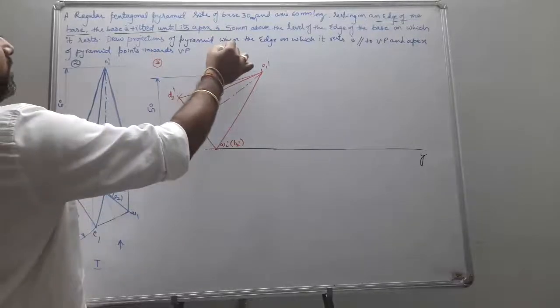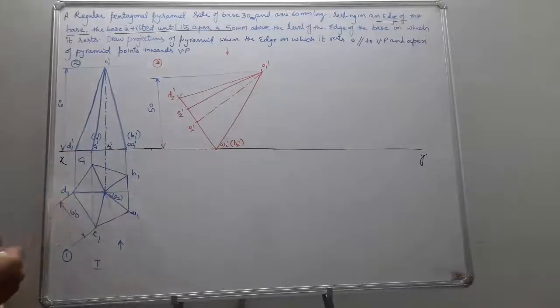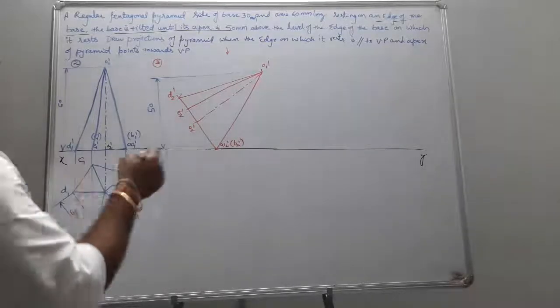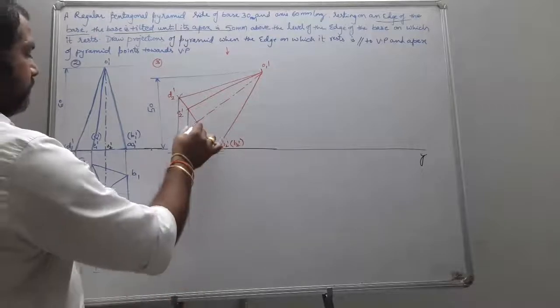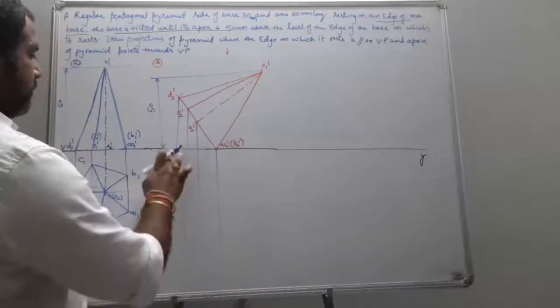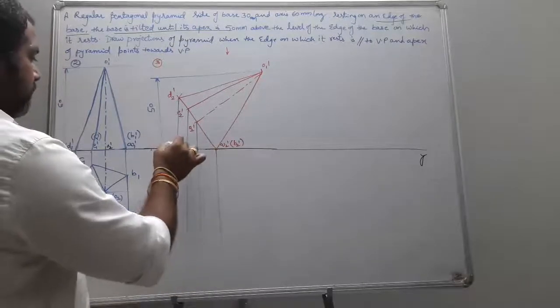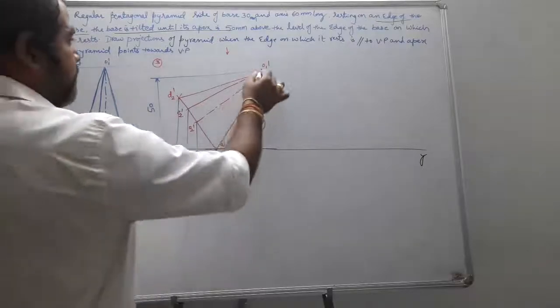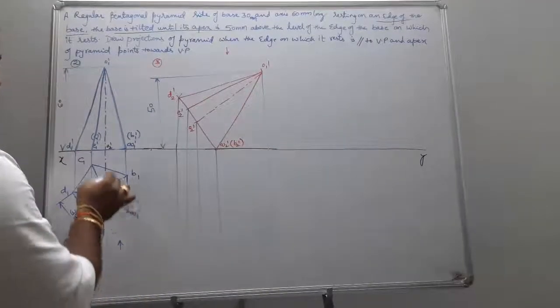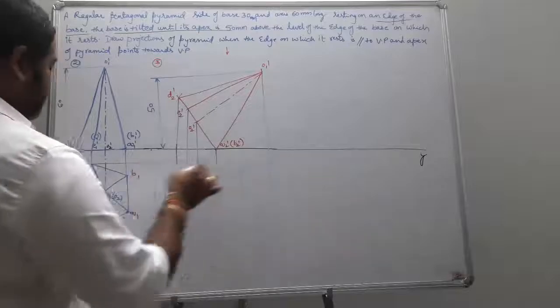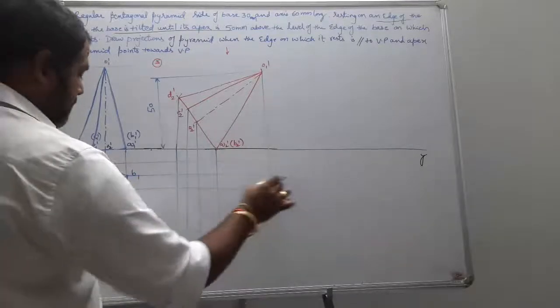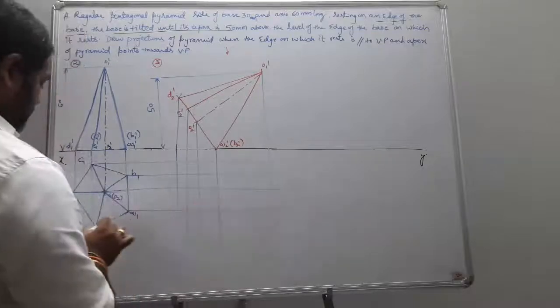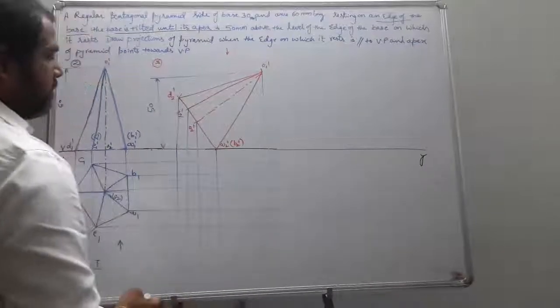I just require my top view. How can we obtain my top view? Draw the vertical projectors from here, and draw the horizontals from here. Okay.